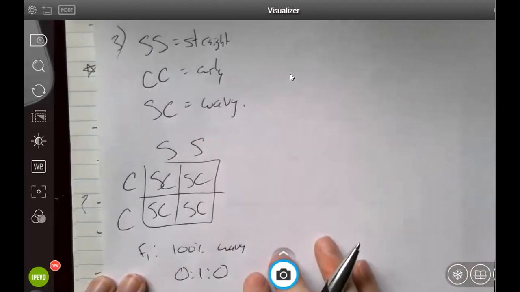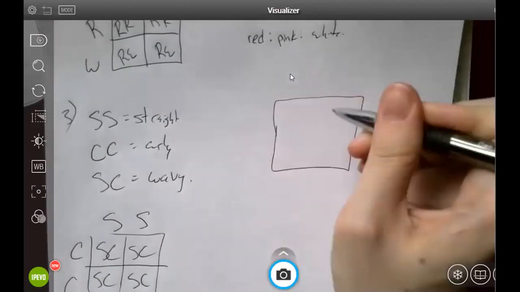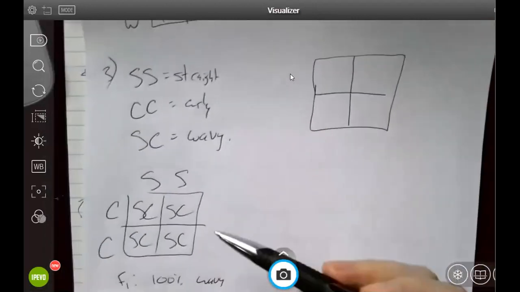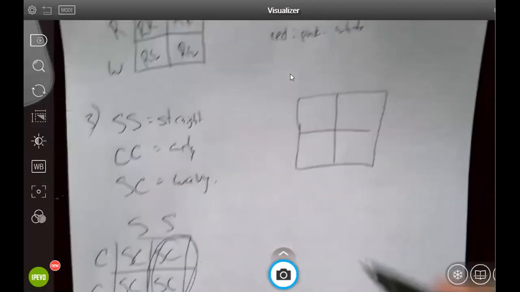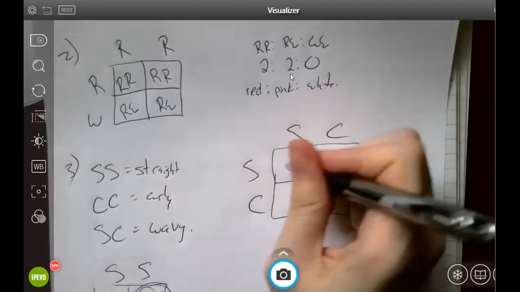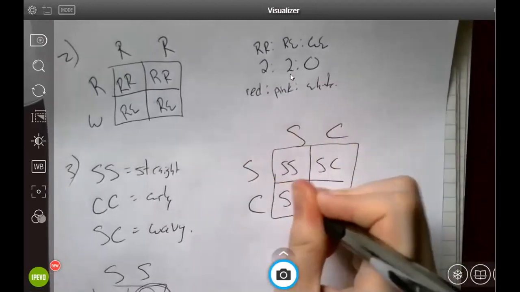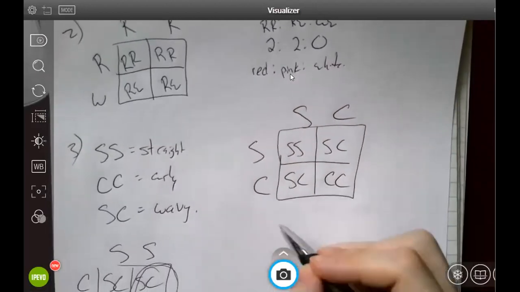And then to find the F2 generation, we're going to take 2 of the individuals from the F1 generation and cross them. So 2 wavy-haired people. And we will fill in our Punnett square like so.